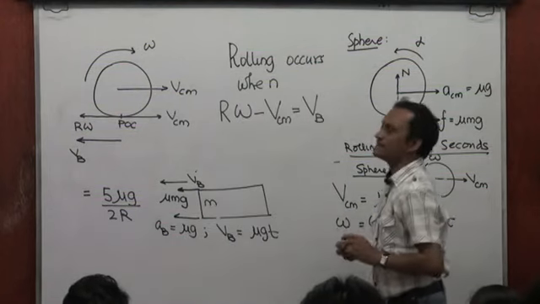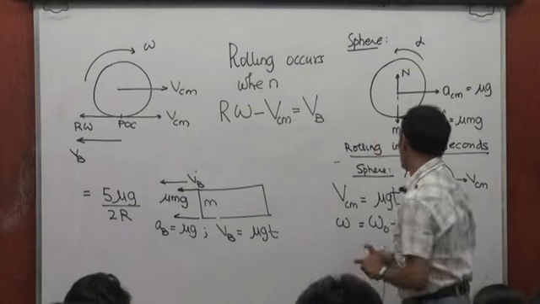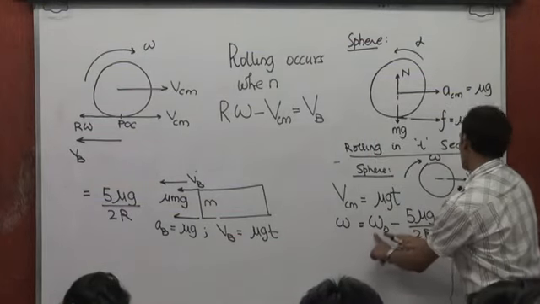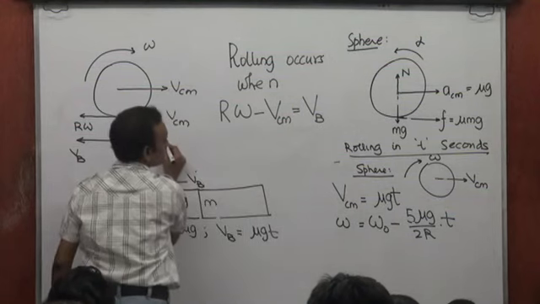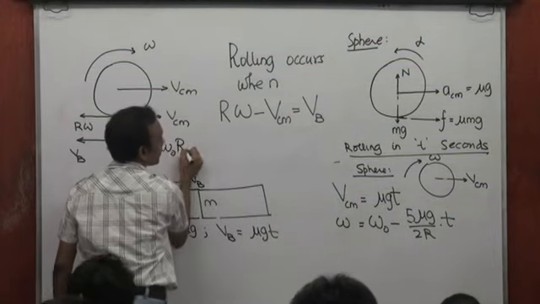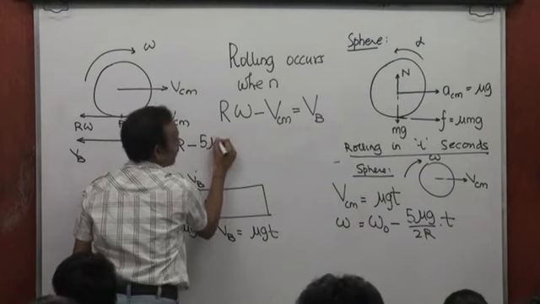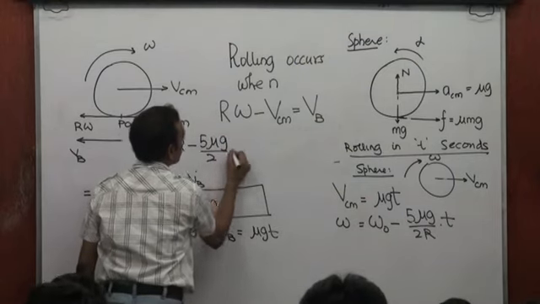R omega minus VCM equal to Vb, and r omega, as you can see, is omega naught R minus 5 mu g by 2 into t.